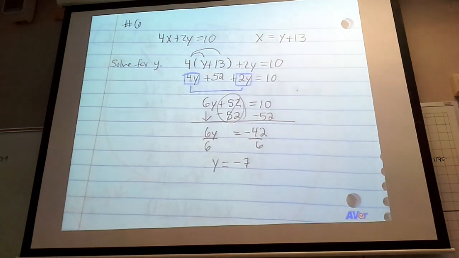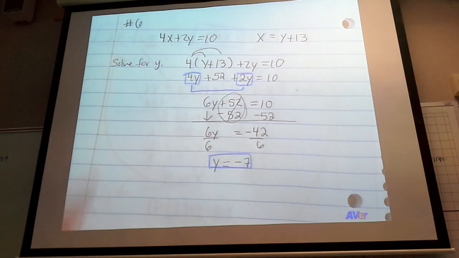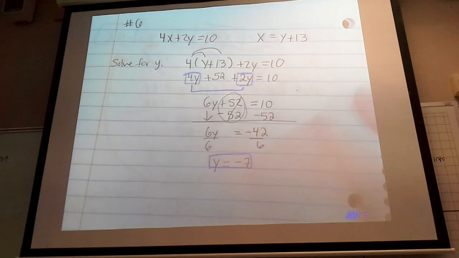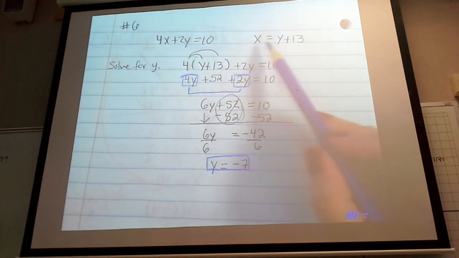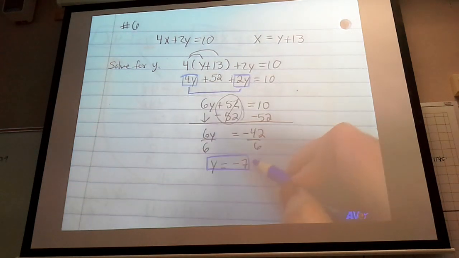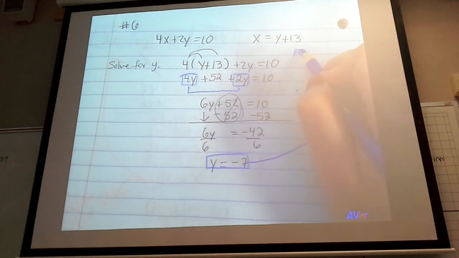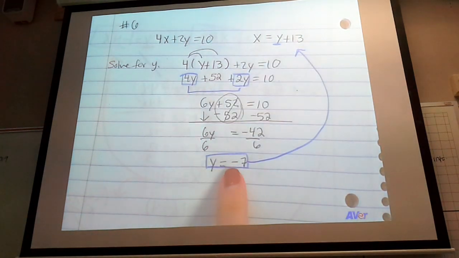And I'm not done here. Once I know what y equals, I still need to know what the other variable equals. In this case, x. So I'm going to use the equation where I already have x by itself, because it'll make it easier for me to solve for it. I'm going to take this over and replace the y with what it equals, which is a negative 7.